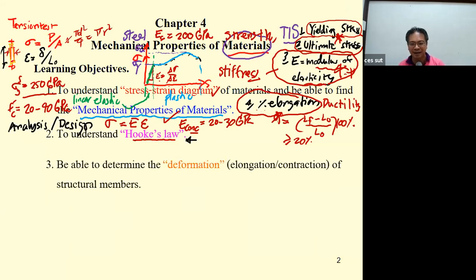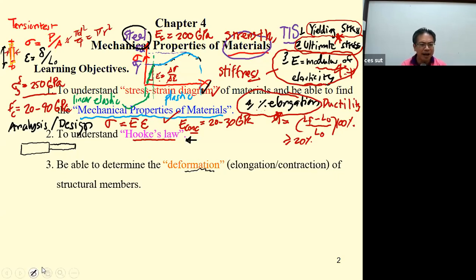Okay. And then after that, we're going to determine the deformation of the structure. For example, if we have the structure that's made by the steel, it has the stress diagram as above.